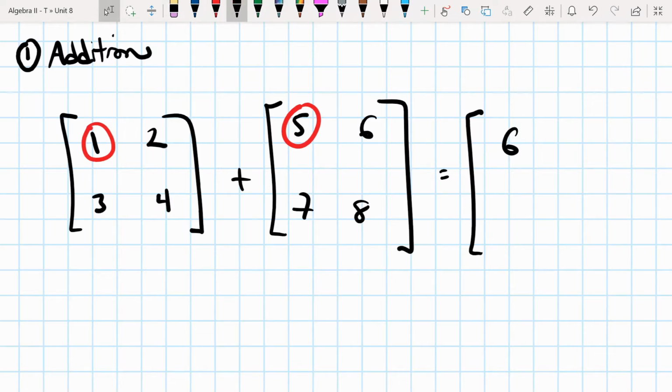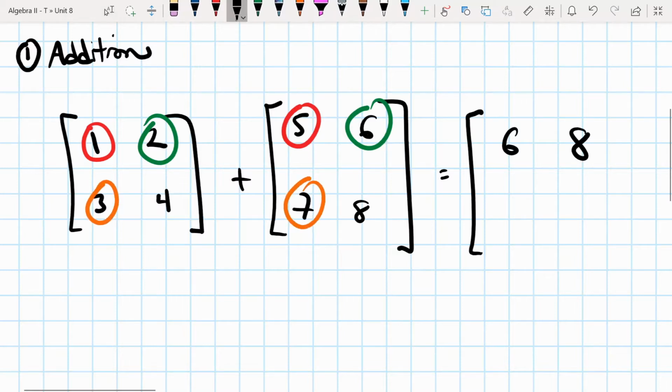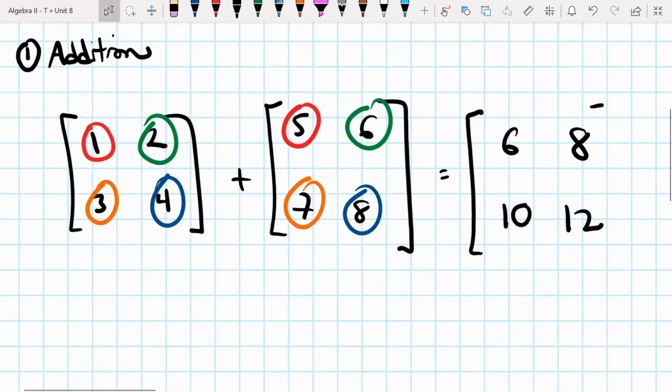And then similarly, we're going to add 2 and 6, and so right here we get 8. For the next one, we're going to add 3 and 7, so this is 10 down here. And then lastly, this is 4 and 8, and so we're going to add those 2 together and get 12. And so that's matrix addition. Pretty straightforward, I think. So it's simple addition, but you just have to add the number in the same location for each matrix.